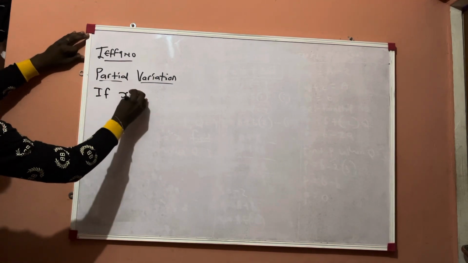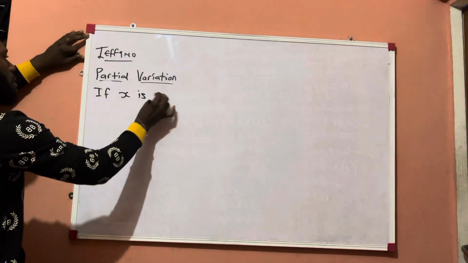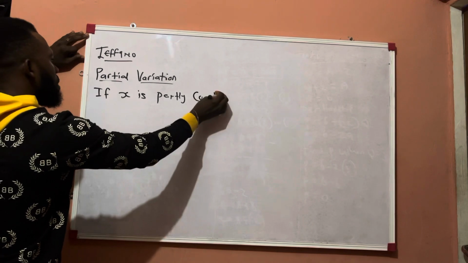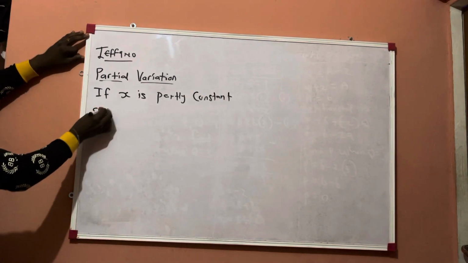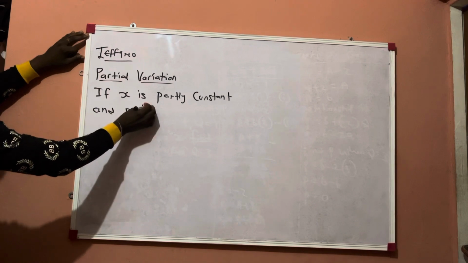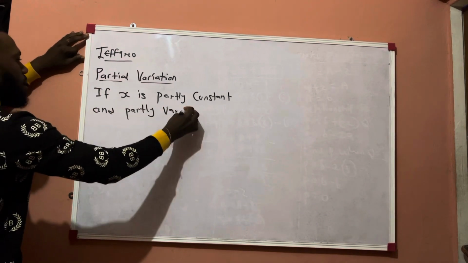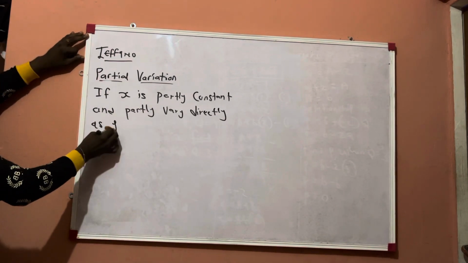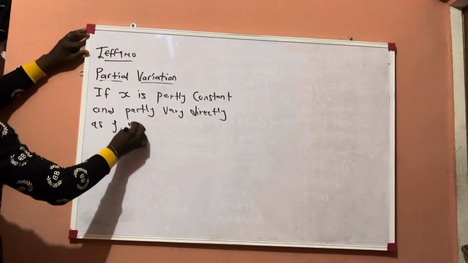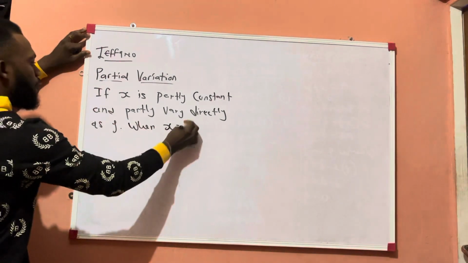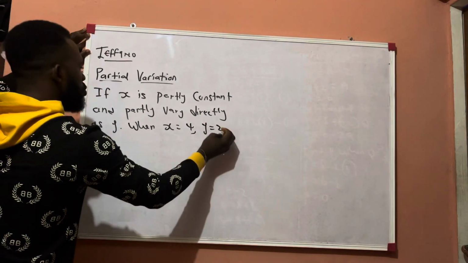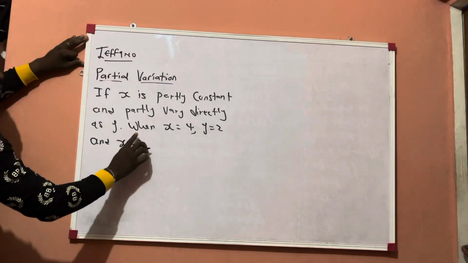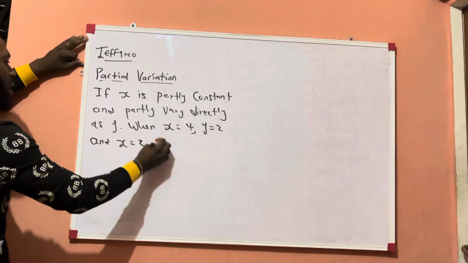If x is partly constant and partly varies directly as y. When x is 4, y is 2, and when x is 2, y equals 1.